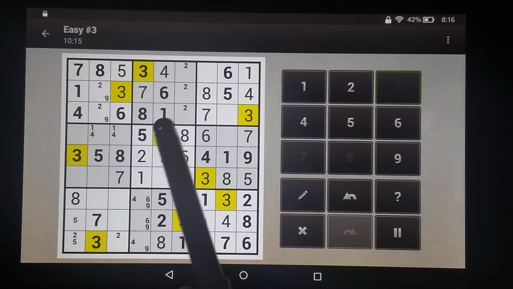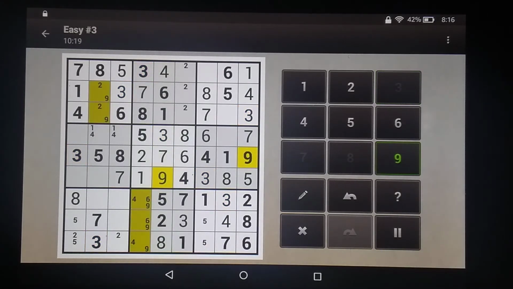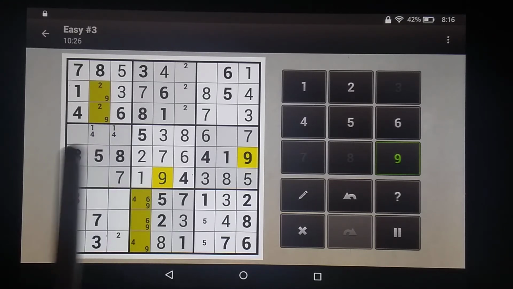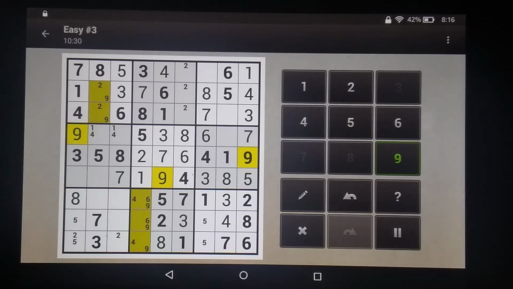So this has 1, 2, 3, 4, 5, 6, 7, 8. It's missing its 9. We're going to put it in. That makes that impossible for the 9. And this is already the 1 and 4 forced fit pair, so the 9 can't be there. So the 9's there. Now these two columns have 9s already.